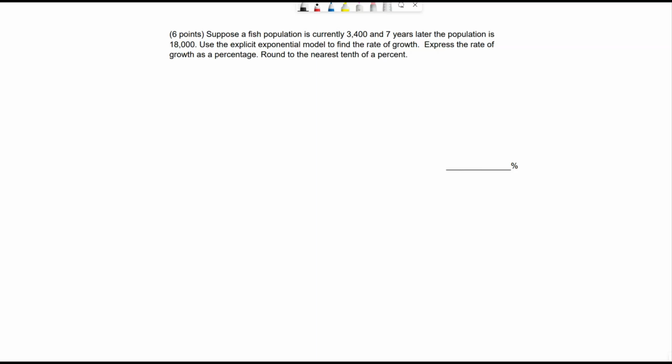and then round. Okay, so the formula P sub n equals P sub 0 times 1 plus r to the n. That is the explicit exponential model that we have to use. Currently, that's P sub 0. 7 years, that's n.